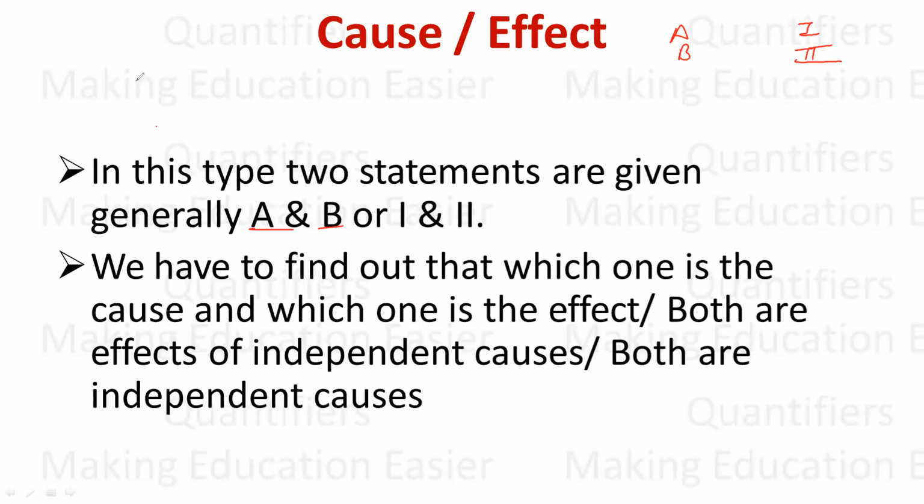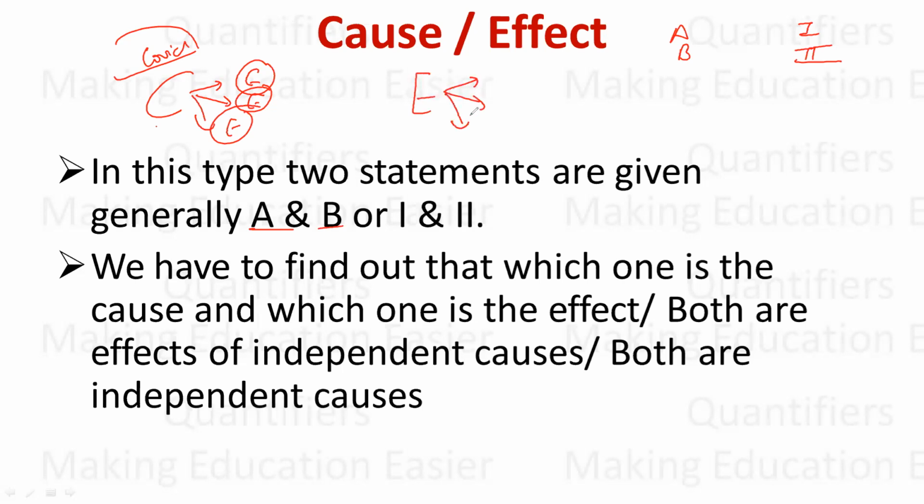Let's see, sometimes it happens that some causes can have multiple effects. For example, let's say the cause COVID. It has multiple effects. It has an impact on the economy, on personal life, on the medical sector, and a lot of effect on businesses. Similarly, one effect can have multiple causes.